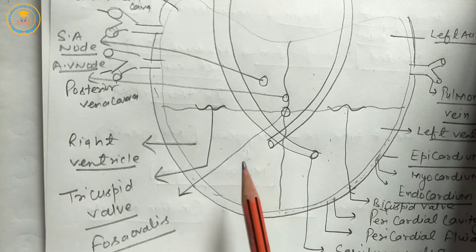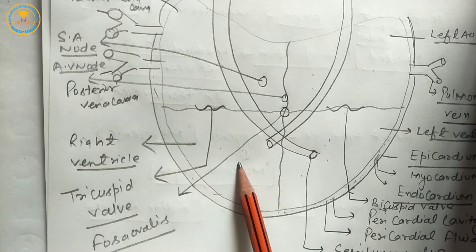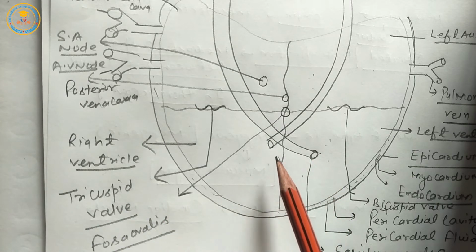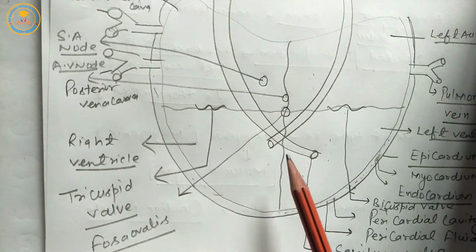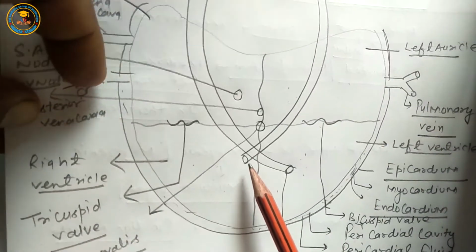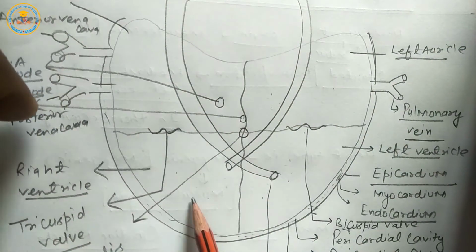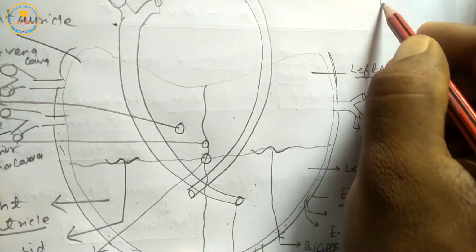Next, in the right ventricle there is a specific aorta, the pulmonary aorta. This pulmonary aorta carries impure blood from the right ventricle to the lungs.